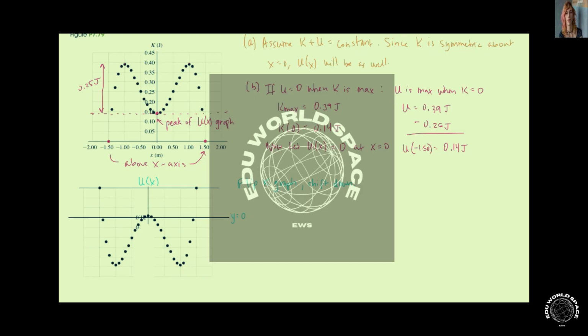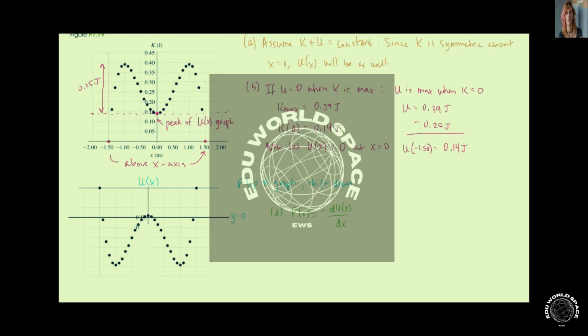And now we are asked, at what values of x is F equals 0? Well, we need to remember for this part that we can find F of x with negative dU of x dx. So our force is found with the negative derivative of our potential energy function.